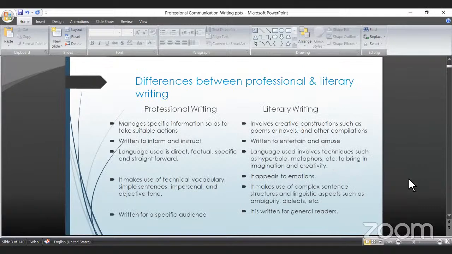Now, quickly, a little bit more detail about the differences. On your left-hand side, you have what professional writing deals with and what literary writing deals with. Let's see if we have any additional thing that we haven't specified already. So look at that. Manages specific information so as to take suitable action. So like I told you, most of the writing is for creating an impact. Okay, it's not a meaningless random activity.